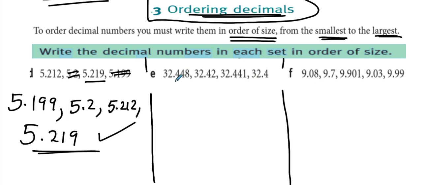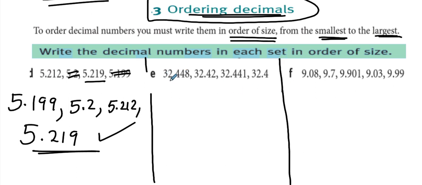So move to the fourth digit: 32.44, 32.42, 32.44, 32.40. Oh, okay. Let me start again. There is a logic here.